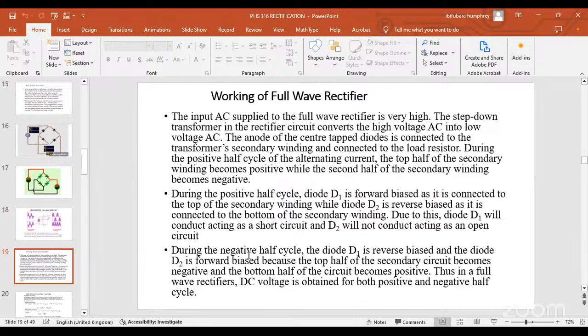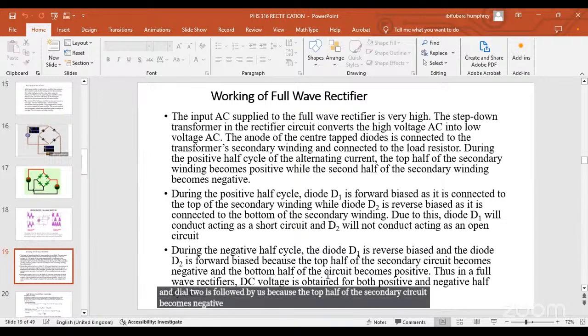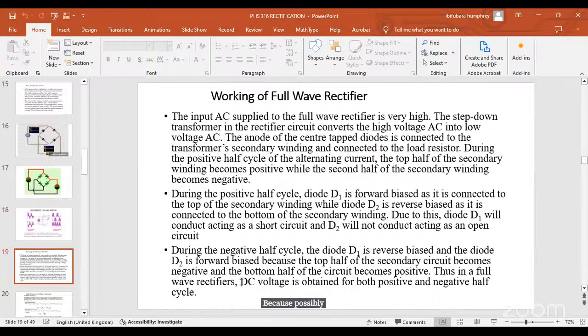So during the negative half, diode 1 is reverse bias and diode 2 is forward bias because the top of the secondary circuit becomes negative and the bottom becomes positive. Thus, in a full wave rectifier, DC voltage is obtained for both halves.